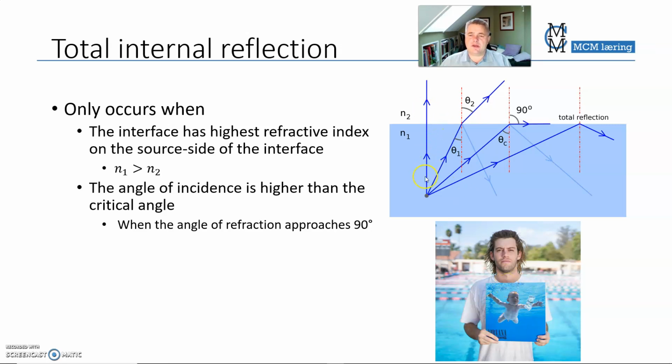So when you send light from high refractive index to low, you will get total internal reflection, given that the angle is high enough. But when you send light from low to high, you cannot achieve total internal reflection. You will get some reflection, but not total internal reflection.